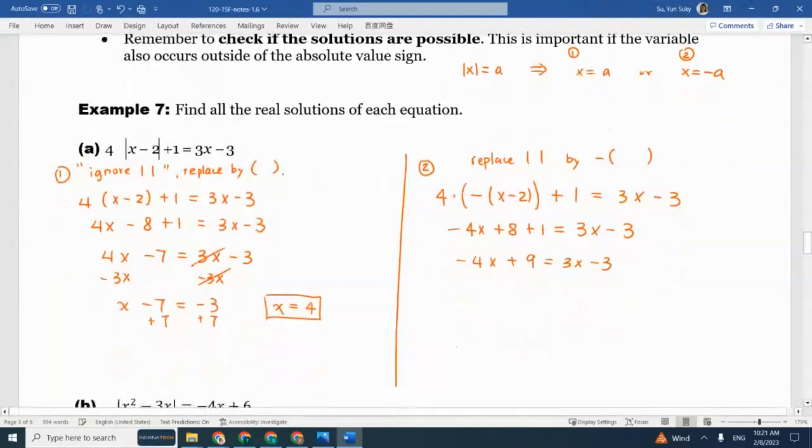Okay, how can we combine the x? Add 4x on both sides. Right? Then we get 7x minus 3 equals 9. How do we combine the constant term?